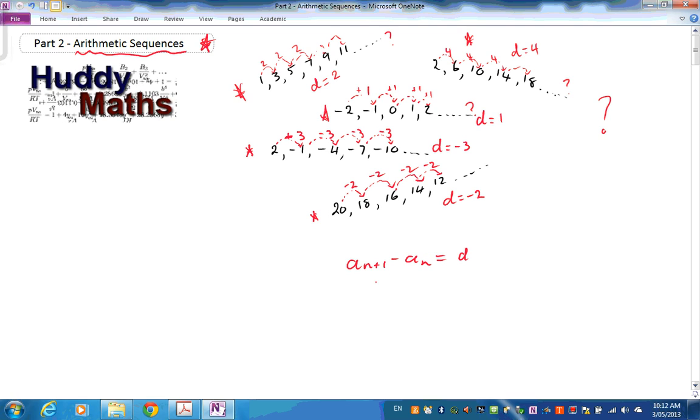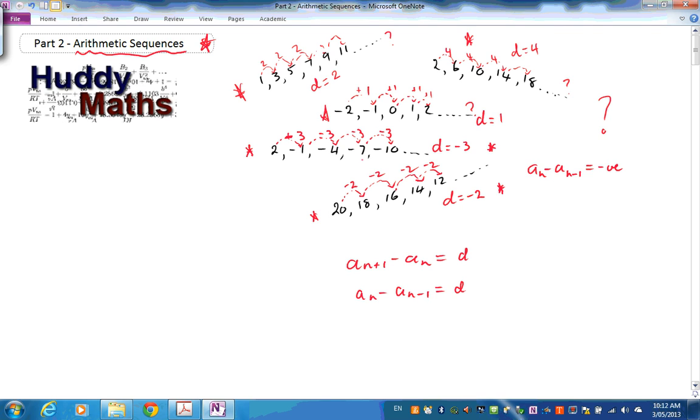Or you could put it as a_n minus a_(n-1). So it's the second term minus the first type idea. That's why these two here have a negative common difference, because when you take any term and subtract the term before it, you get a negative number.